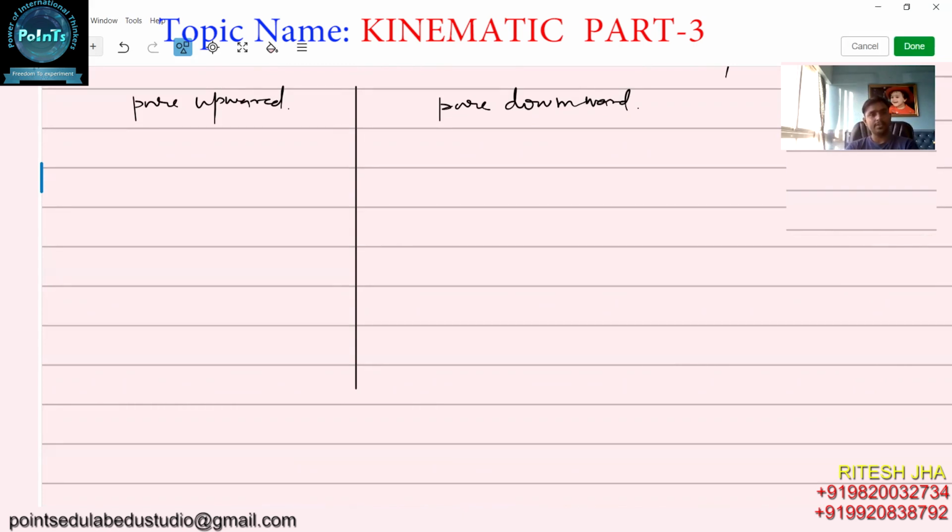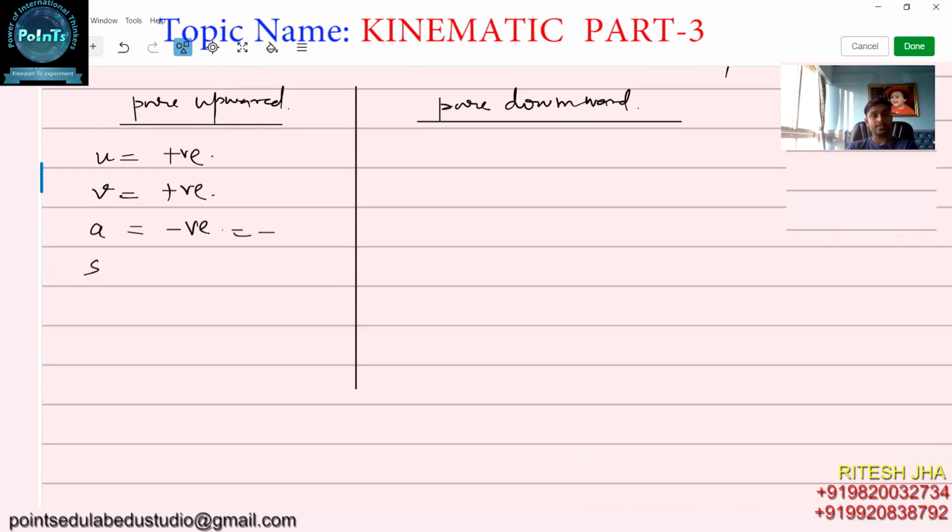If it is the pure upward or the pure downward motion, you have to tell me what U, V, A, and S would be. U will be positive or negative? Positive. V will also be positive. A will be negative because of gravity.